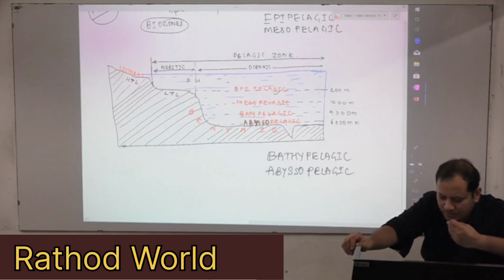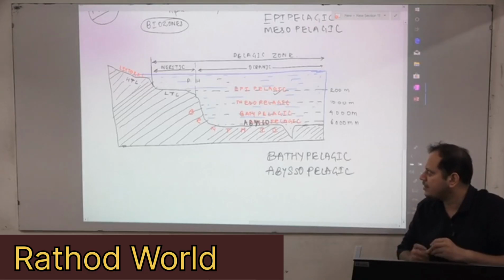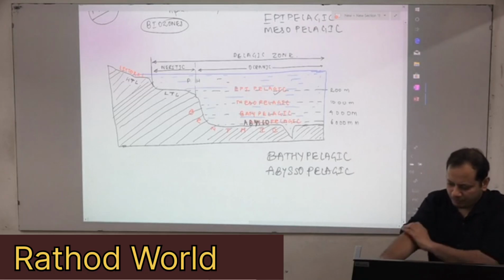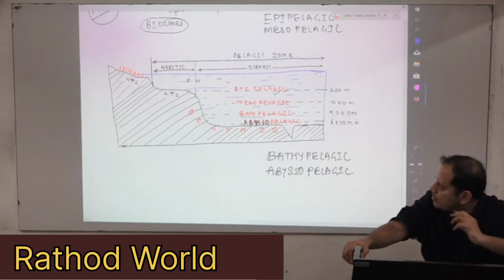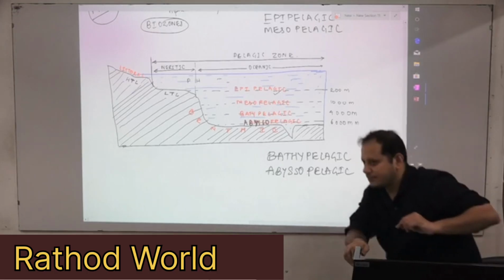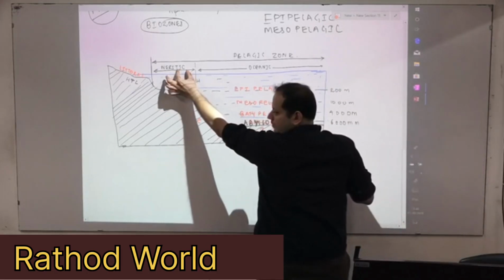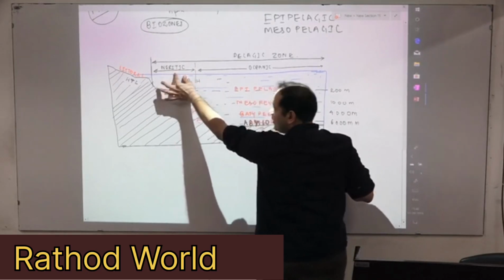Next, open sea habitats. कौन सा? Marginal sea, lagoons, estuaries.